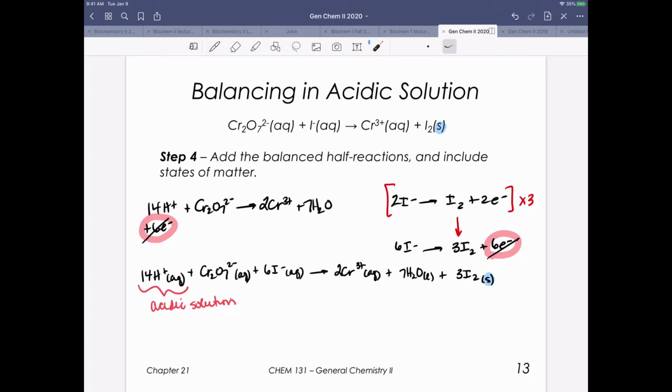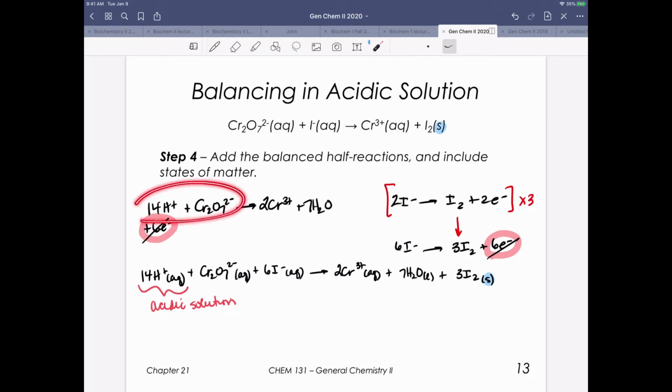Right now, I can see that I've got nothing on either of these sides that I'm going to allow to cancel. For example, if I had had some water on the left side of this reaction and then water on the right side of this reaction, I could have the net sum of those be something different than what was present on both sides. So not something we need to think about here.